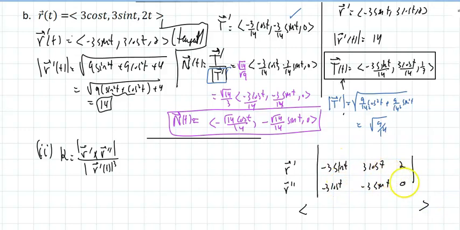The i component, I'll get negative 6 sine of t. The j component, I'll get 6 cosine of t. And the k component, I will get 9 sine squared of t plus 9 cosine squared of t.